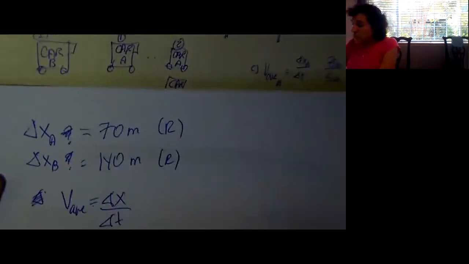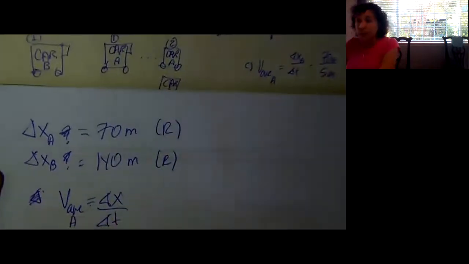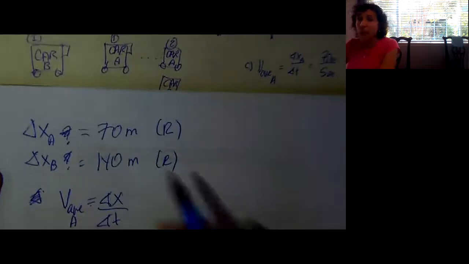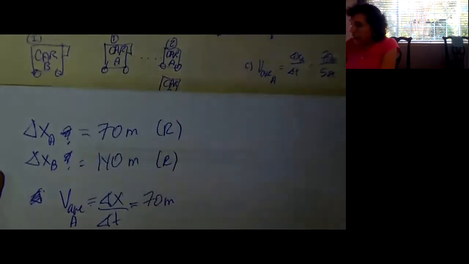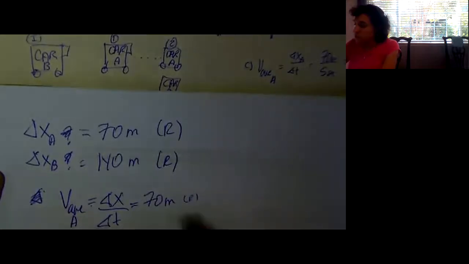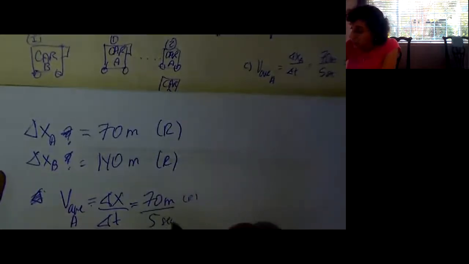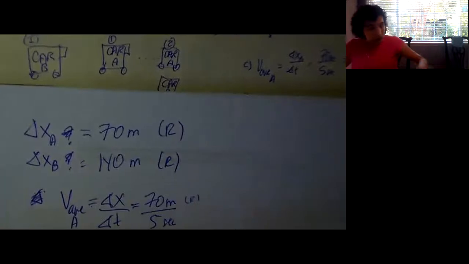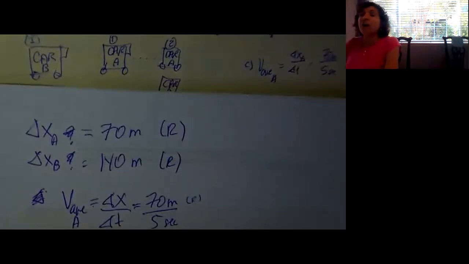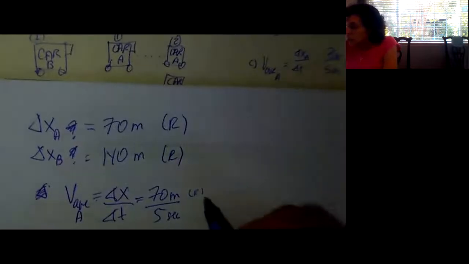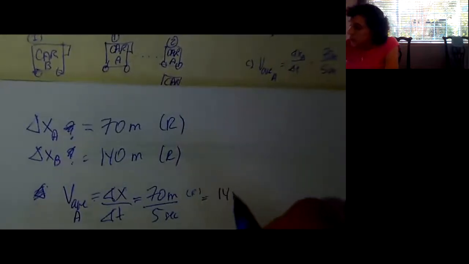Okay, so for the first guy, V average for A, we need the displacement that A went. Well, A went 70 meters to the right. We can add that to the end. And then the seconds. Well, we know it's 5 seconds because they told us, and we see the little timer. So what is 70 divided by 5? 70 divided by 5, using your calculator, you'll end up with 14 meters per second.